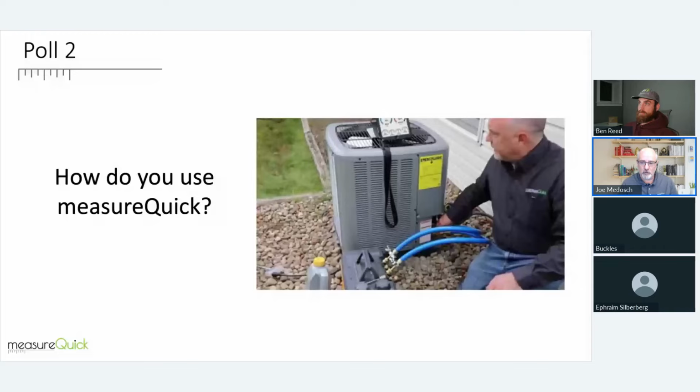So you can have it branded with your information and your technician's information, but we do not allow you to exclude the fact that it's a measureQuick report. Several people ask that, and we just don't do white label or blind branding as part of our process.